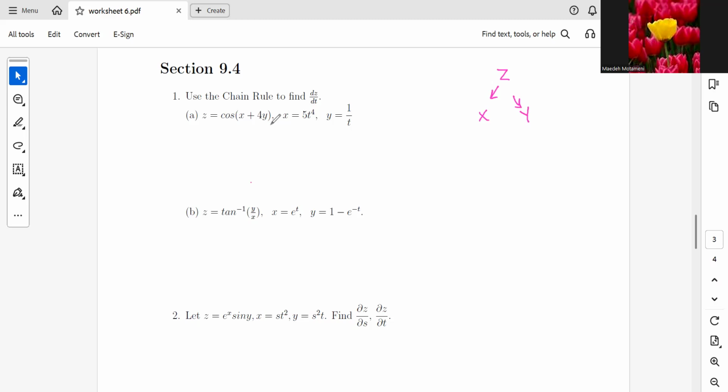So based on the information that we have here, we know that z is a function of x and y, x is a function of t, and y is also a function of t.